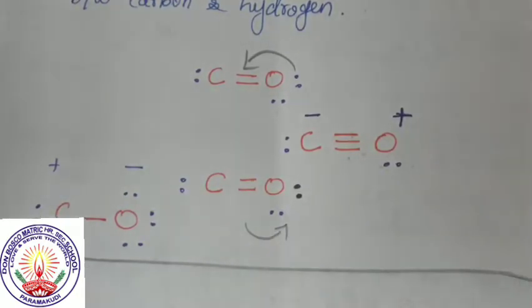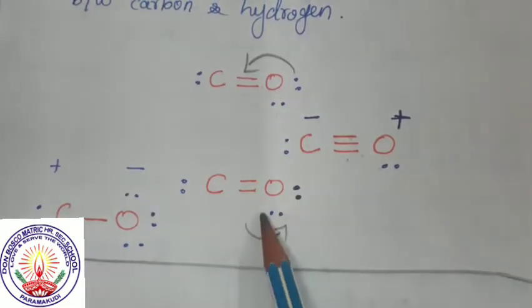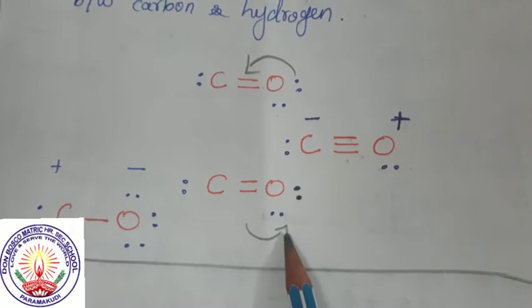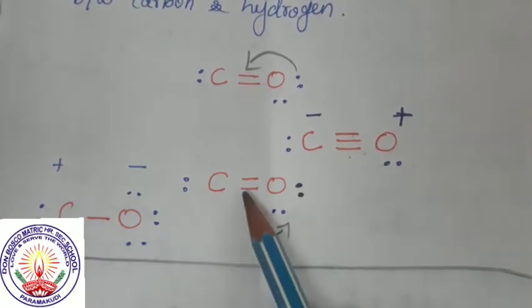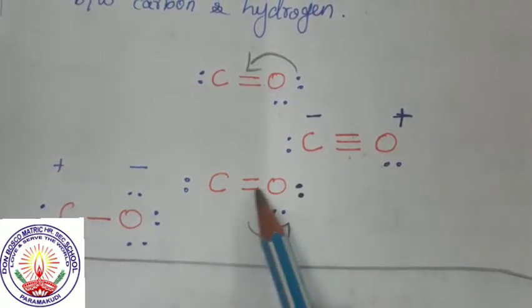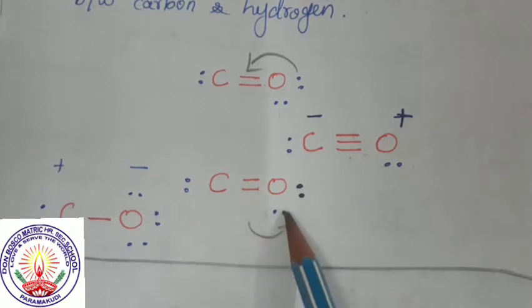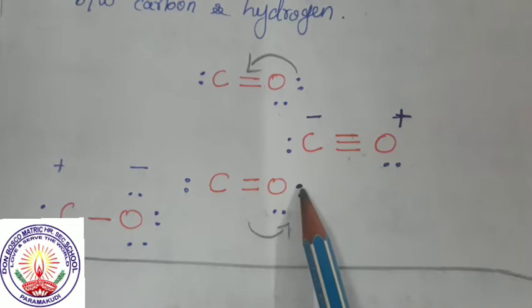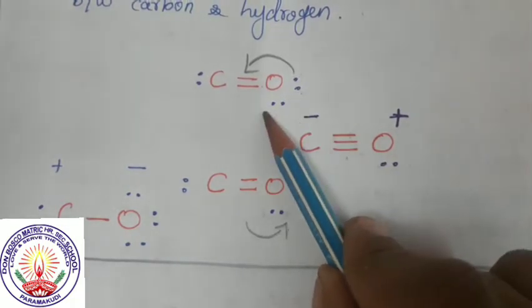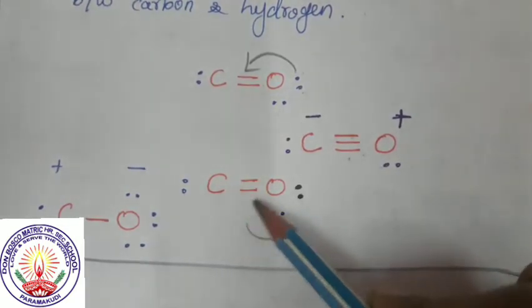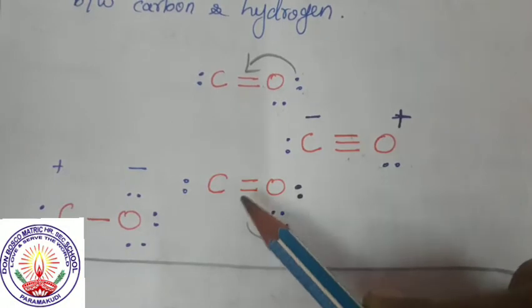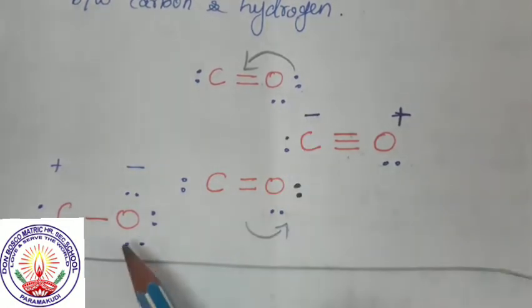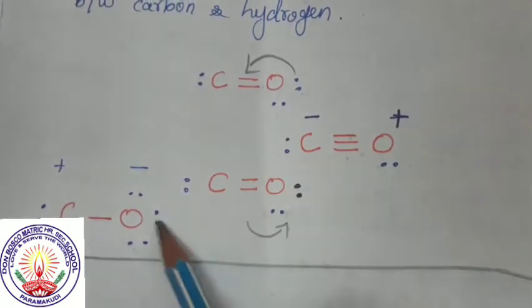This is the original structure, and now we shall see how it is receiving the electrons. When it is receiving, these bonding electrons are received by oxygen. Therefore they already have 1, 2, 3, 4 electrons. So from here they will receive 2 more electrons. Therefore they will have 6: 2, 4, 6.